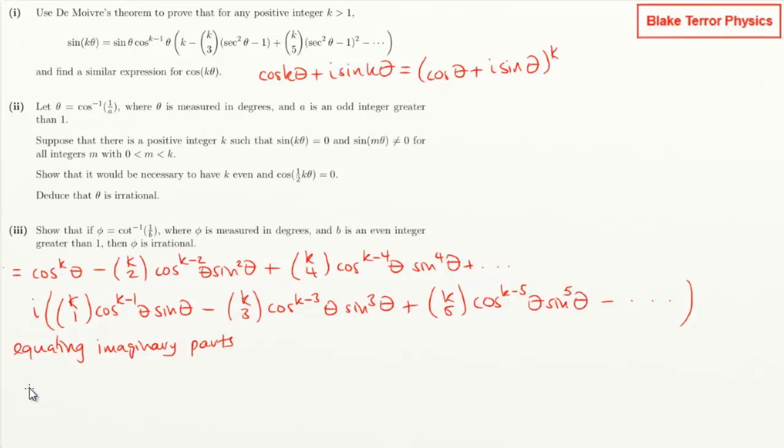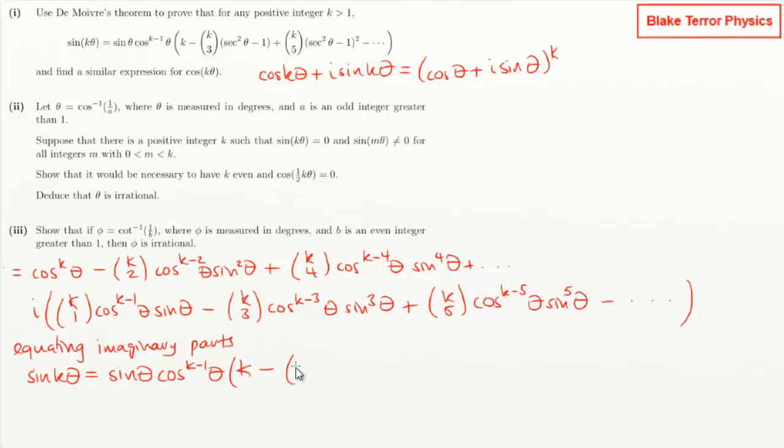I've got that sine k theta, which is the thing that I'm after, is going to be equal to, so they've pulled out factors of sine theta and cos k minus 1 theta. So I'm going to end up getting, well, k choose 1 is just k, so that's fine.